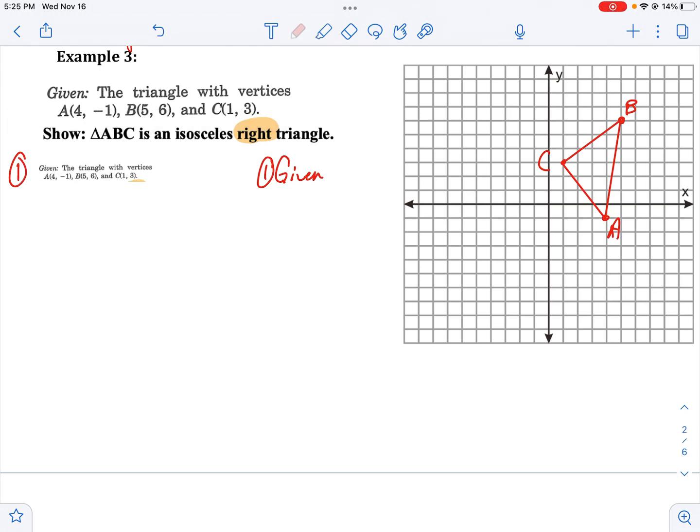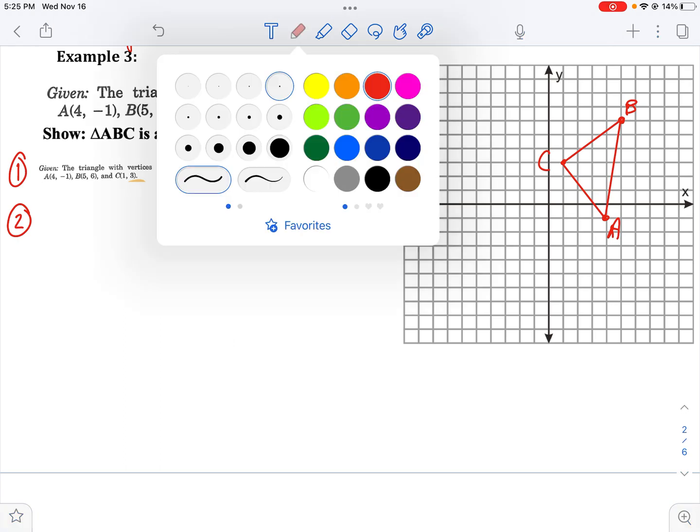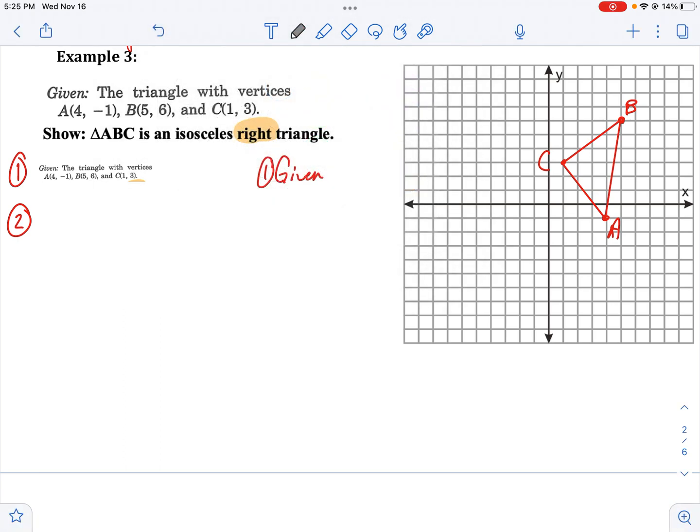So given those coordinates, I want to show that this is isosceles right. Well, if this is isosceles right, the only two options that I have for the congruent sides would have to be AC and BC. So let's show that AC and BC are congruent, or at least equal, by our distance formula. AC would be 4 minus 1 squared plus -1 minus 3 squared.